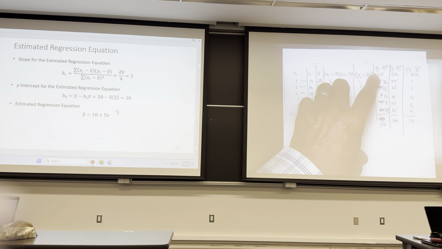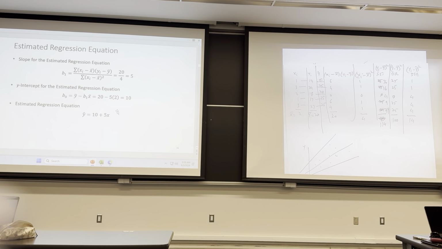When you are using mean as an estimator, this is going to be your total error square. This is the reduction in your error, and this is the error which remains. You are not able to eliminate all the errors, but you are able to reduce your error quite a lot.